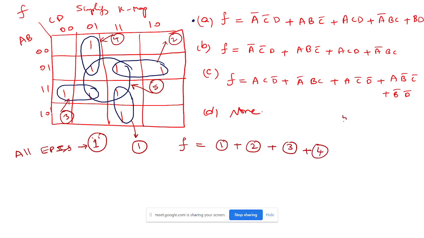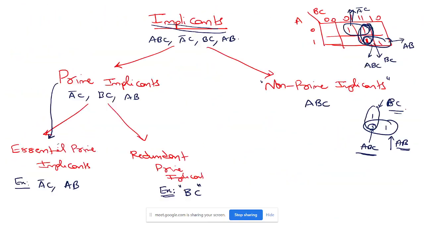Here is the catch. By covering 1, 2, 3 and 4, you are essentially covering all the ones, right? What is 5? 5 is a redundant prime implicant. You go back to this slide, correct?